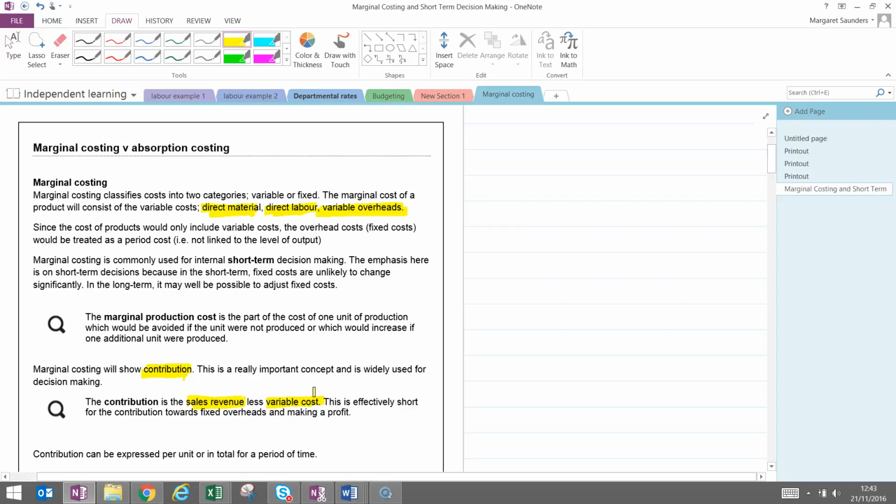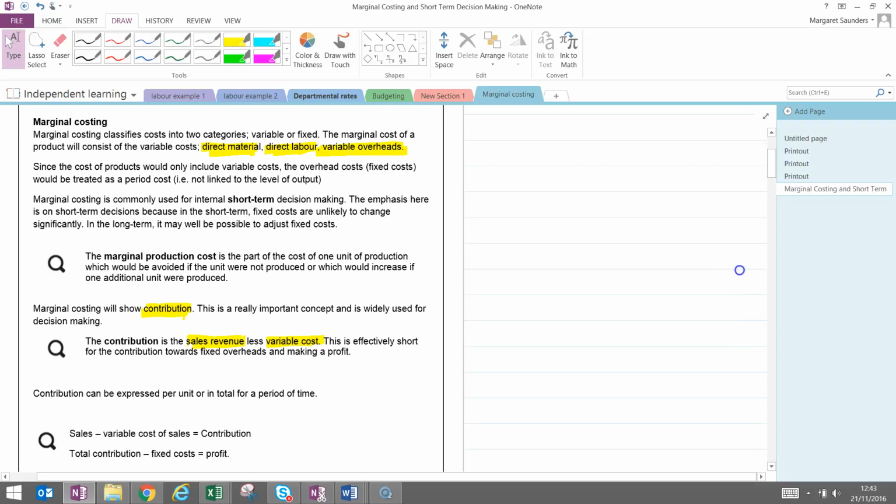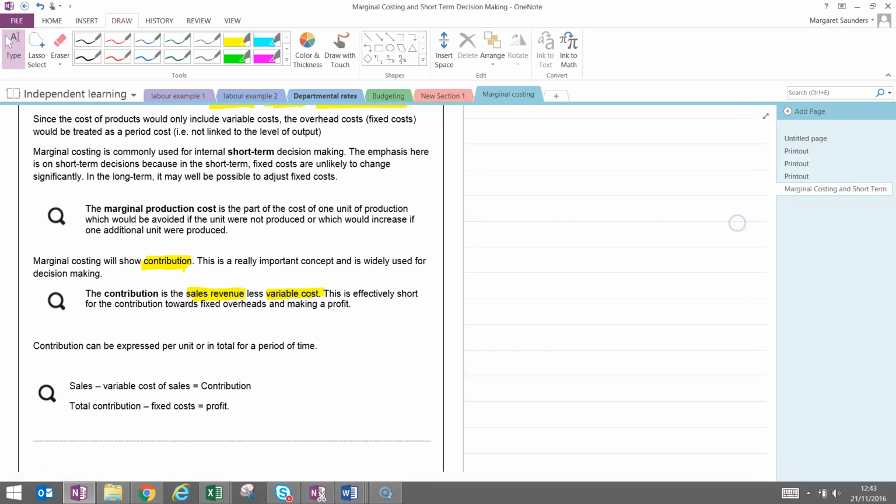What we mean by contribution is that that difference between the sales revenue and the variable cost will contribute towards the fixed costs and eventually making a profit. Now, you will see that we can calculate contribution per unit, or we can also calculate a total contribution for a period of time. For example, the total contribution for a month or a quarter or for a year.